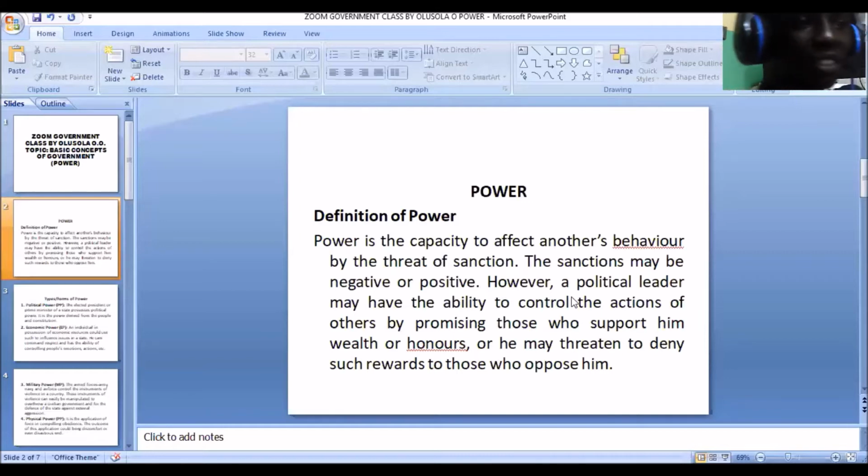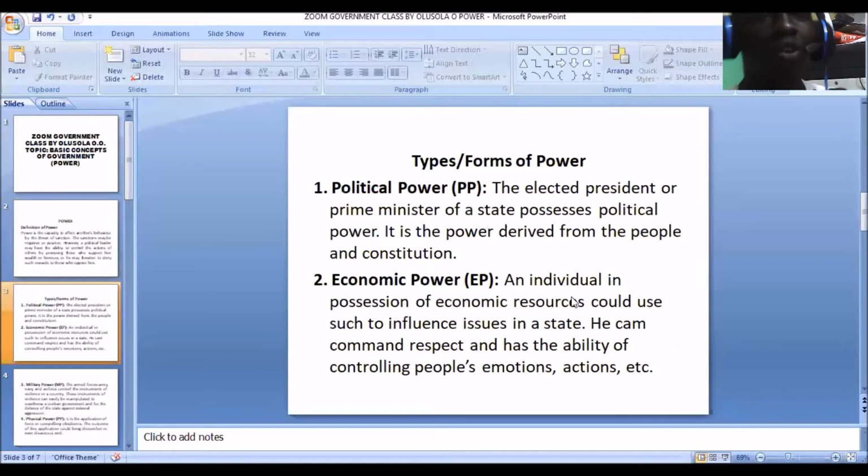And then we will go to forms or types of power. The first one that is going to be our focus is what we call political power. Political power, as the phrase suggests, means the power that is bestowed on people who attain power through political activities, or people who engage in the game of politics.